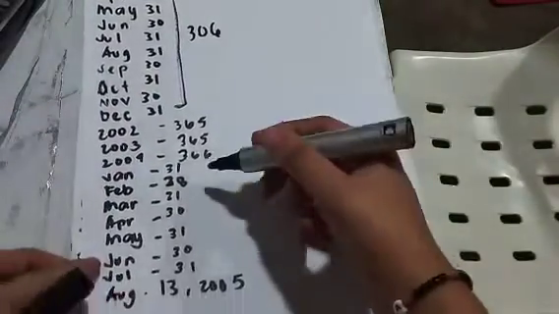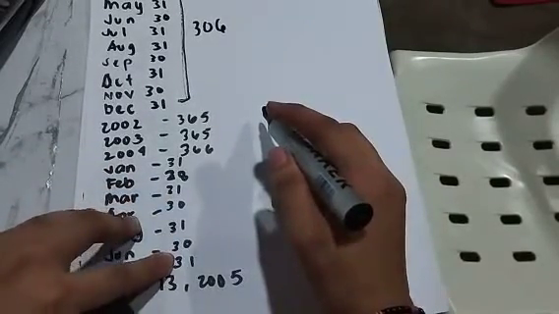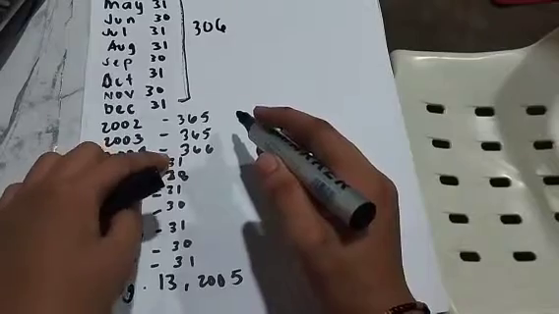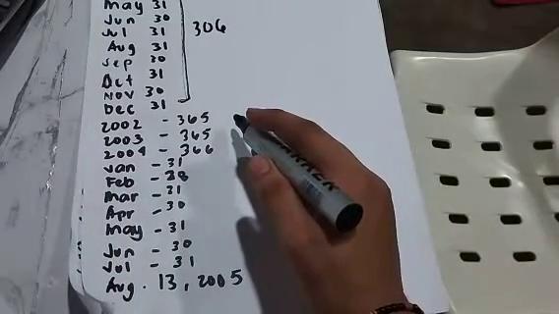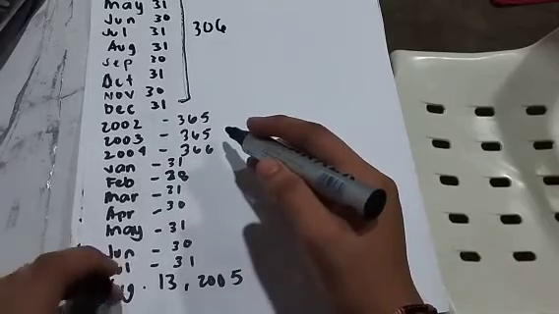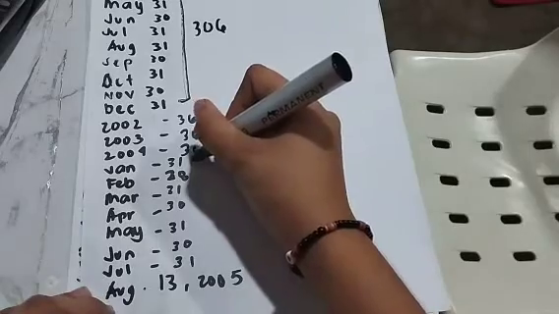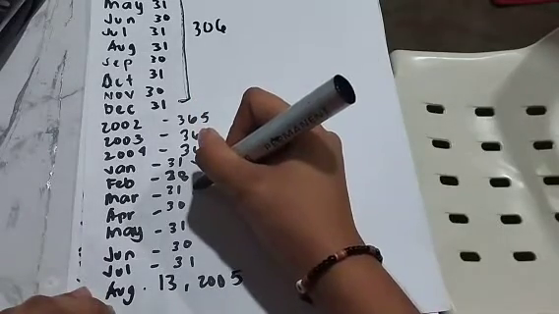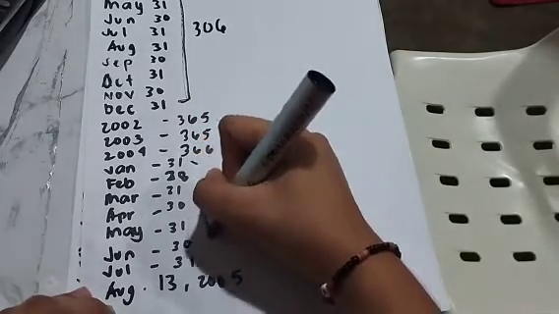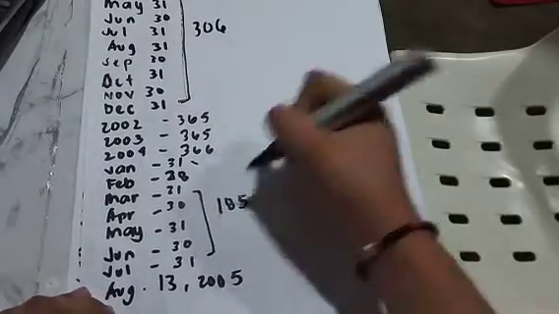Dito, okay na. Dito naman, 3, 6, 9, 12, 15, 18, plus 4. So, this to this is 185.